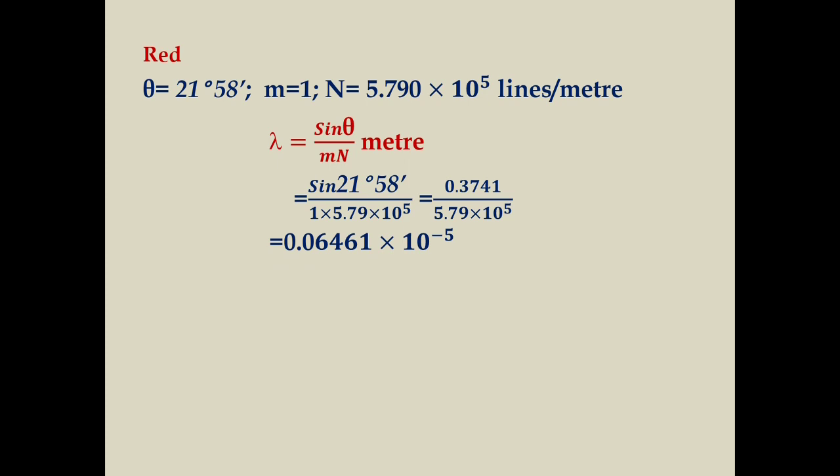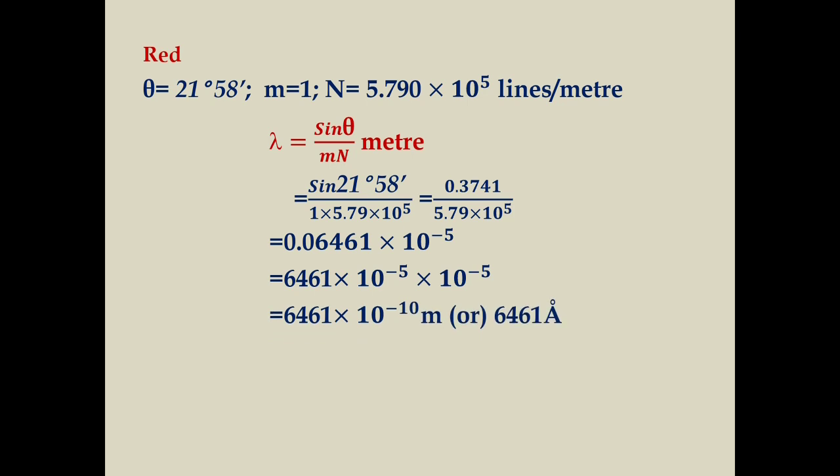So dividing the numerator and the denominator, we get 0.06461 into 10 power minus 5. Again, moving 5 decimal places, we get 6461 into 10 power minus 5. Already another 10 power minus 5 is there, so this 10 power minus 5 and 10 power minus 5 will become 10 power minus 10.